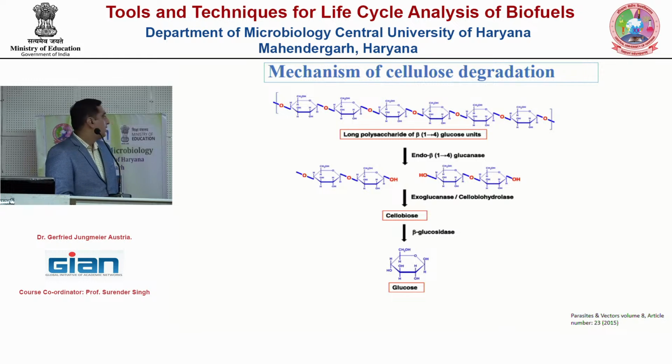So both endo and exo give us disaccharide and oligosaccharide, and then comes the activity of beta glucosidase, which breaks all the oligosaccharides and disaccharide, and we get the individual sugar that we are interested in. Finally, when we have the monomer, or reducing sugar, or simply glucose, it is available to be converted into ethanol. So this is an overall representation of how cellulose degradation occurs.